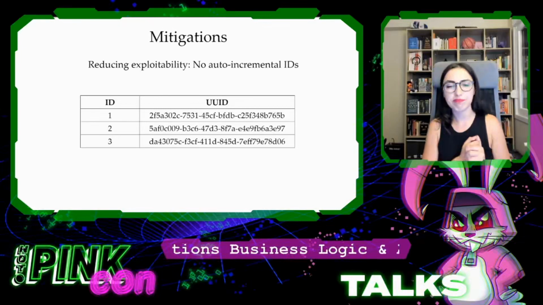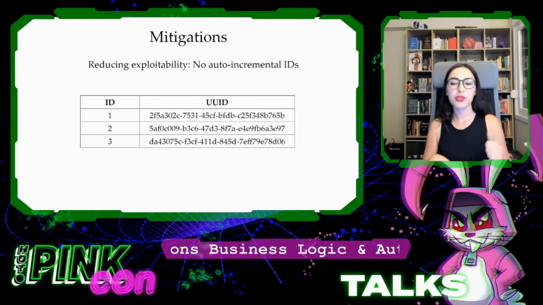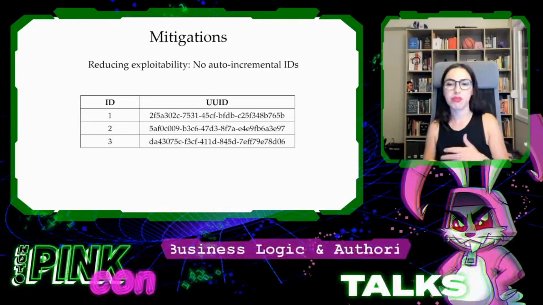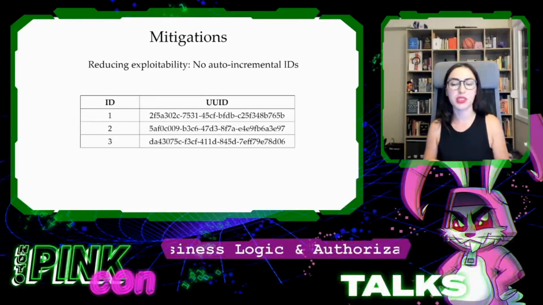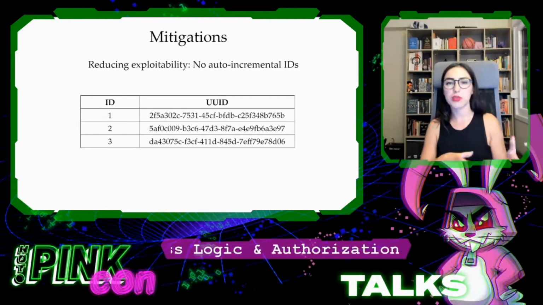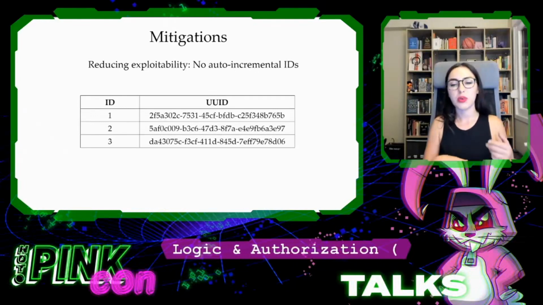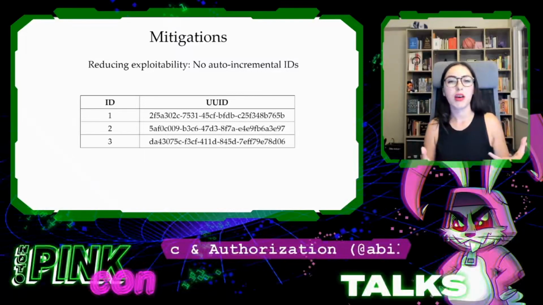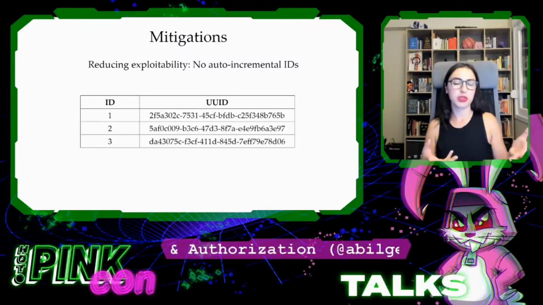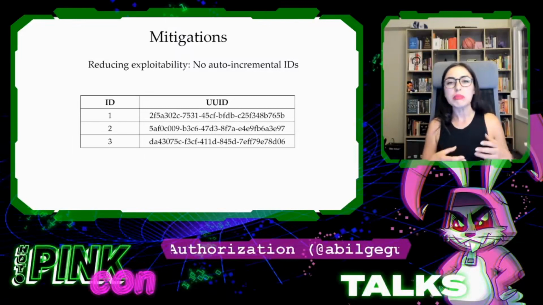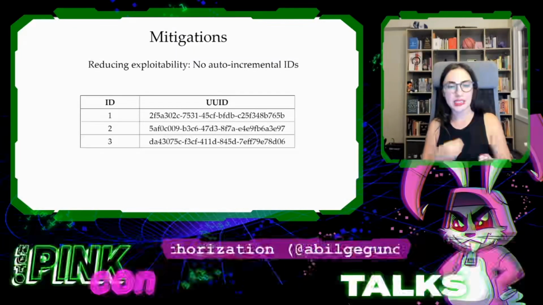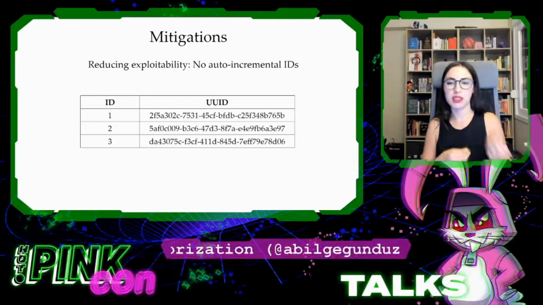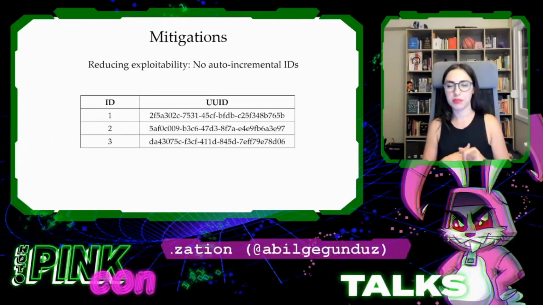So you can use randomly generated UUIDs instead of auto-incremental ID information, and store it in the DB. In this case, even if IDOR occurs in your system, the attacker or intruder, whatever you say, can't guess the next UUID because it's a random UUID.